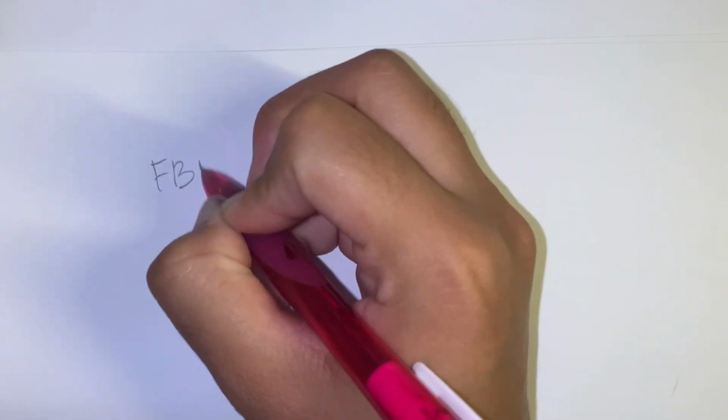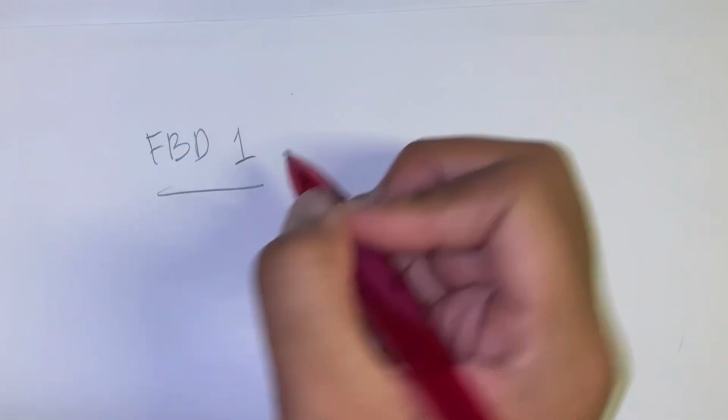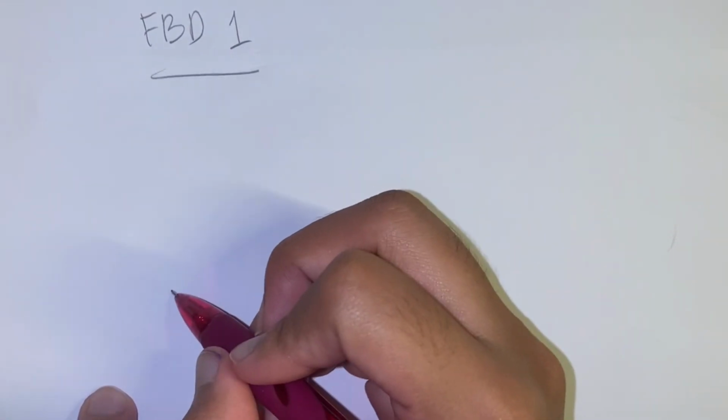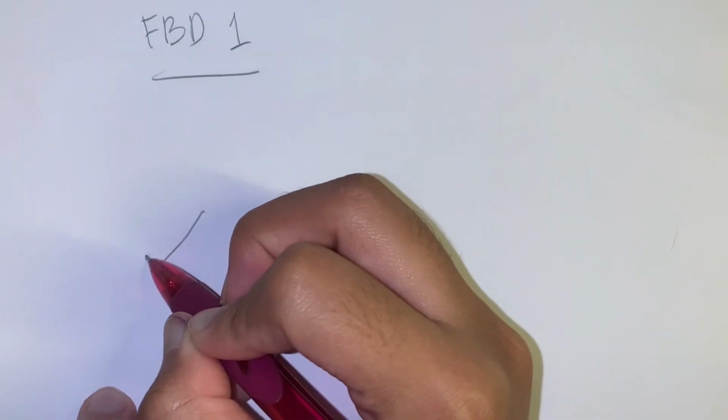Question 3. The press shown is used to emboss a small seal at E. Determine A, the vertical component of the force exerted on the seal. First, we draw the free body diagram.